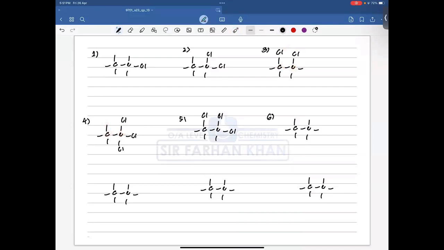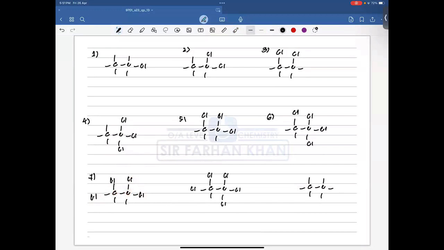Now this one is sixth. What if you have 4 chlorine atoms? 3 are attached to this carbon and 1 to the other carbon atom. Or this carbon has 2 chlorine atoms, whereas the other carbon also has 2 chlorine atoms. What if we have 5 chlorine atoms?